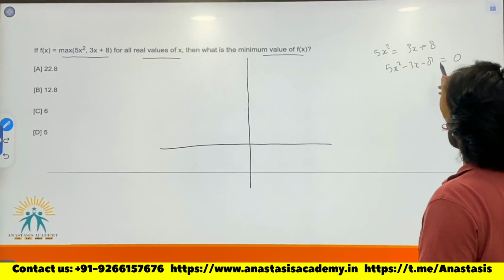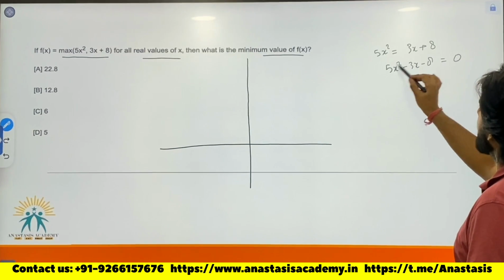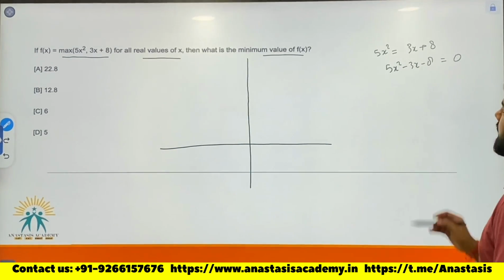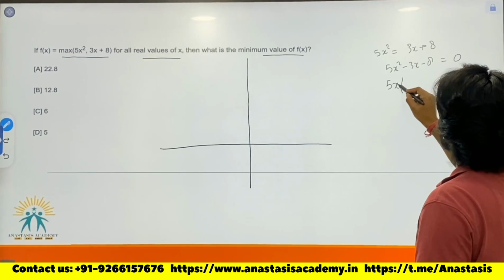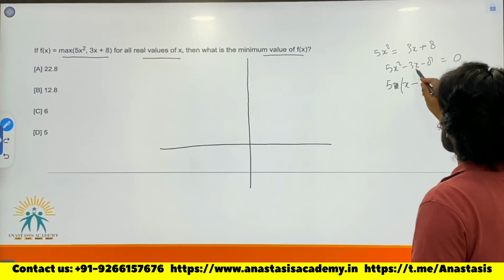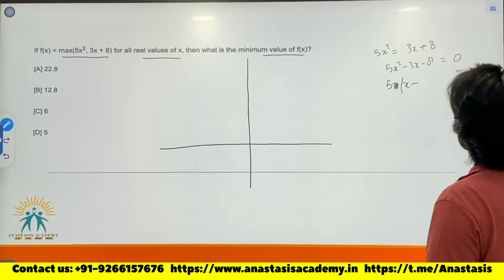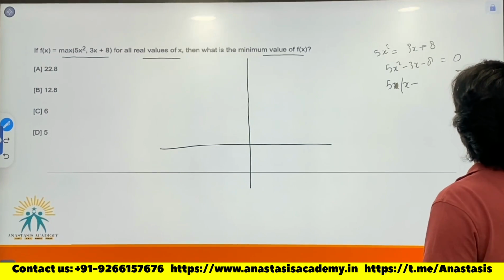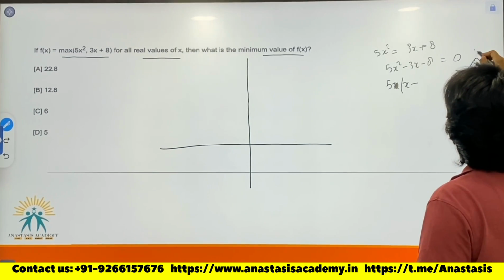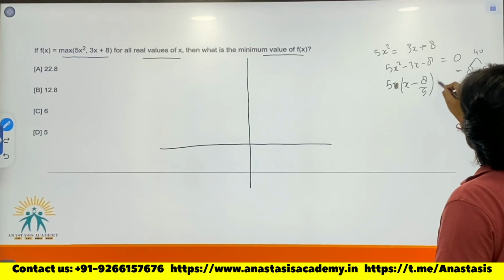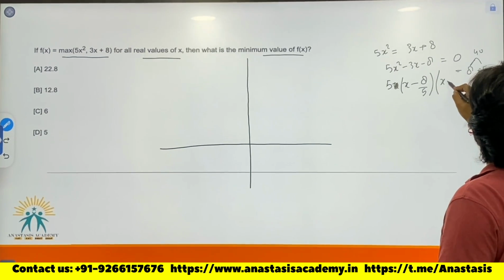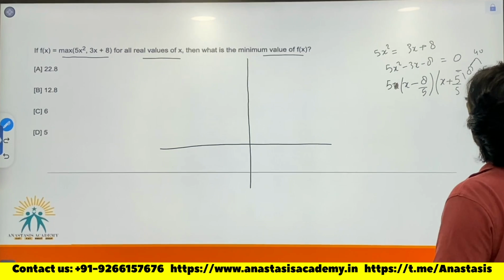So this is 5x square minus 3x minus 8 is equal to 0. 5 into 8 is 40. So the factorization of this equation is 5 into x minus 8 by 5 and x plus 5 by 5 is equal to 0.